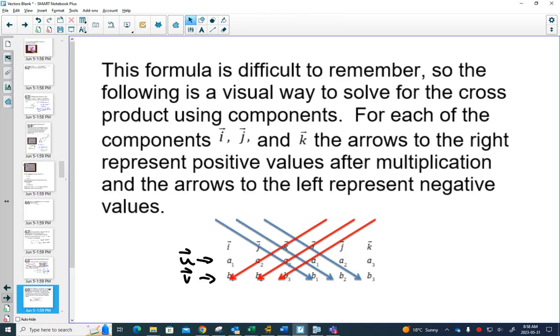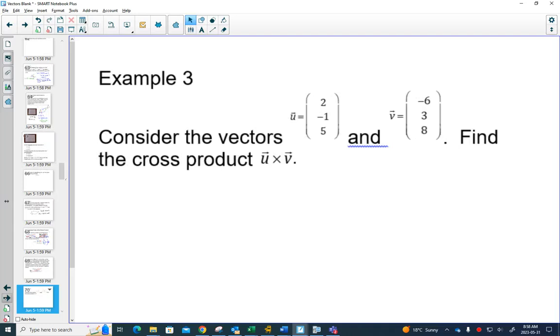So this is what it's going to look like with an actual example. And we'll do this actual example using both formulas and both ways. So we want to find u cross v. First of all, we'll use the first technique.